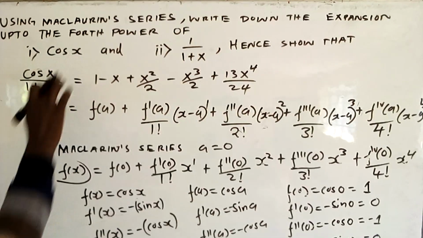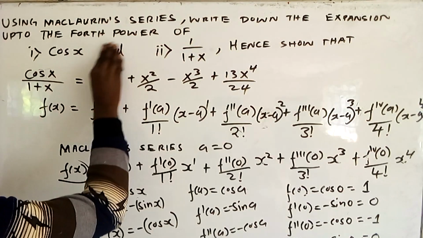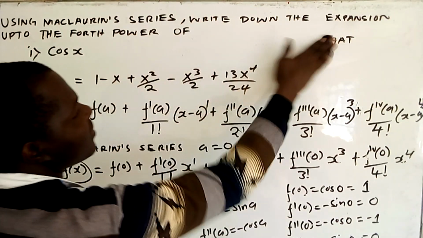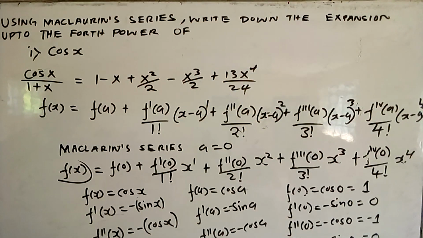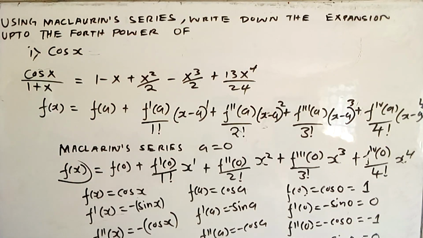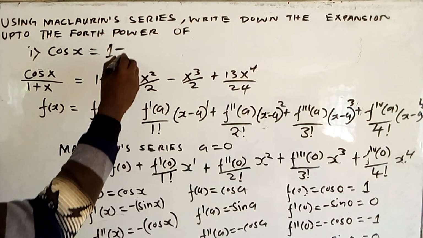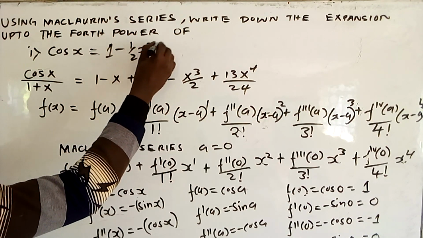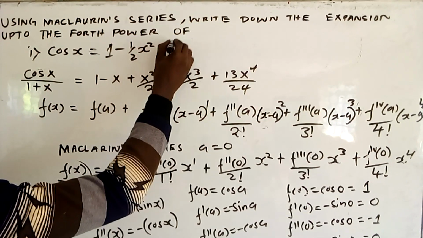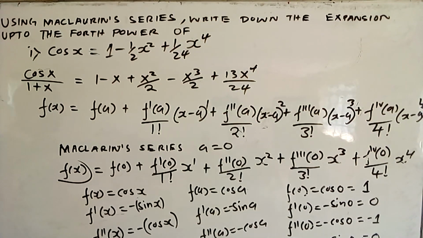So what have we found this expansion of cos x to be? 1 minus a half x squared plus 1 over 24 x raised to power 4, isn't it?